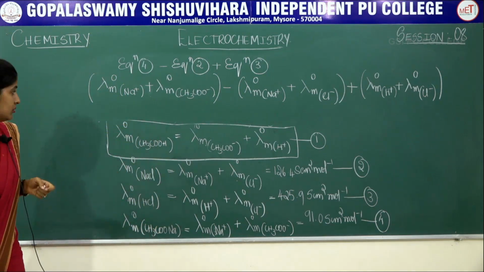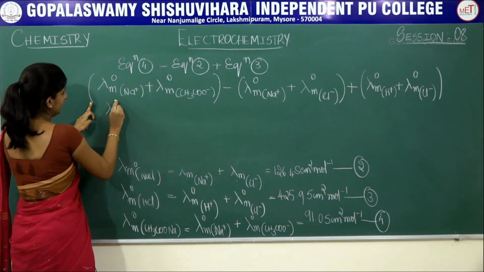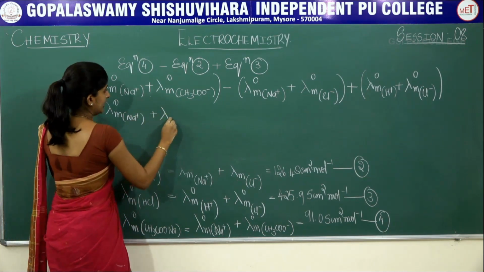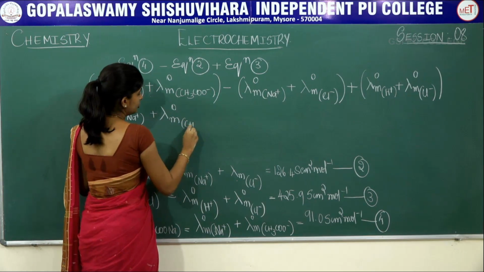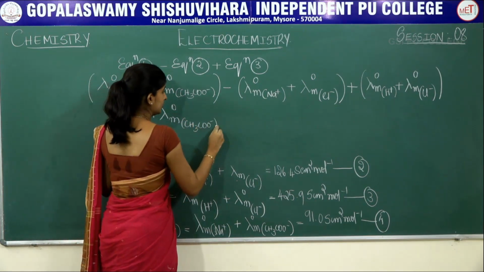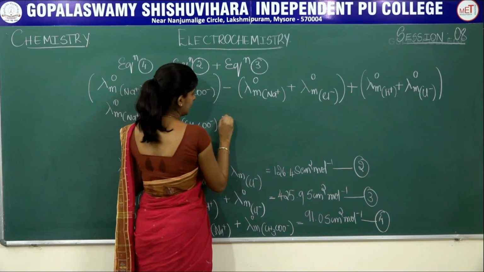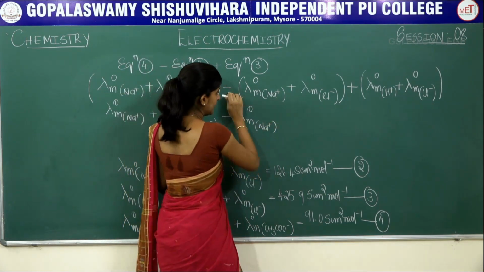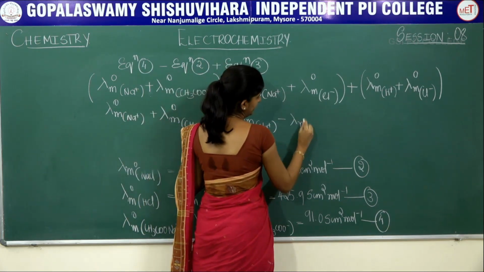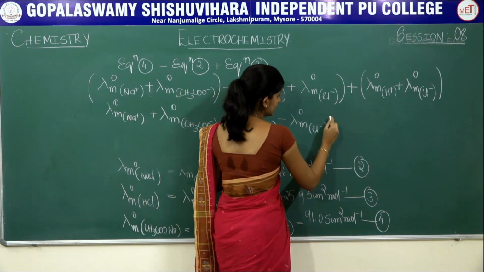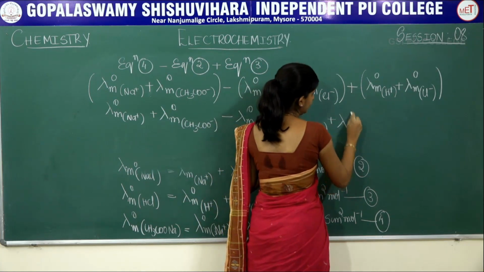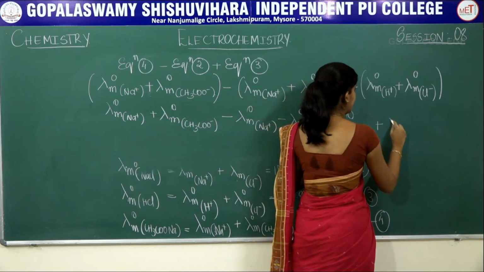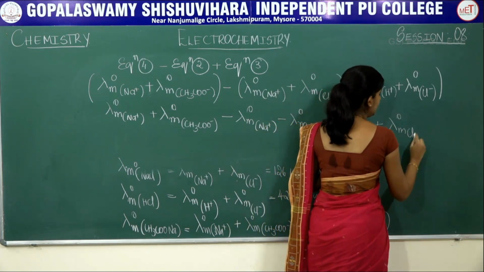Now the equation becomes, you can observe, lambda m naught of Na plus remains as it is, plus lambda m naught of CH3COO minus, plus into minus, so minus lambda m naught of Na plus into minus lambda m naught of Cl minus, plus lambda m naught of H plus, lambda m naught of Cl minus.